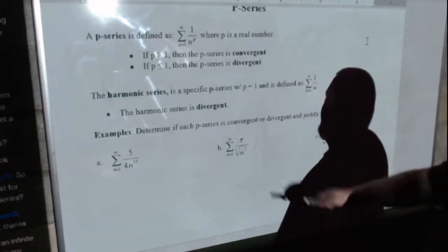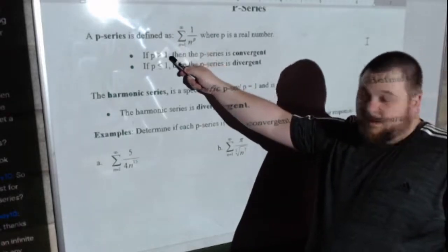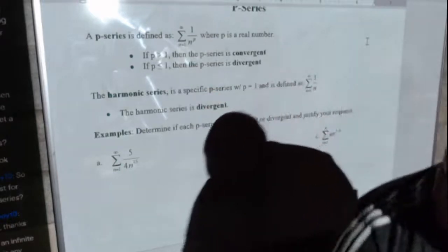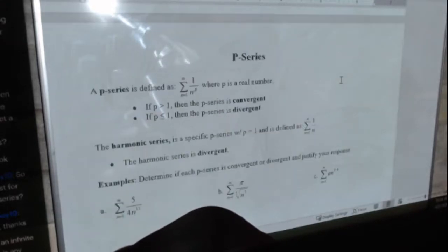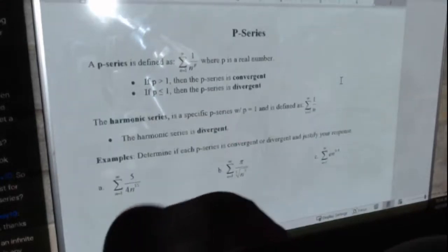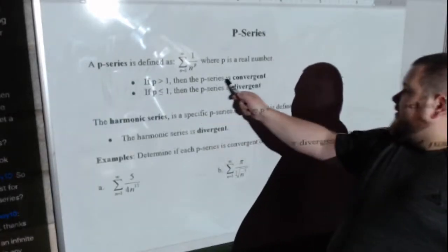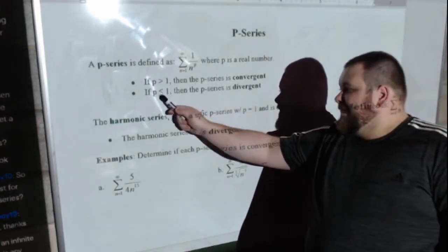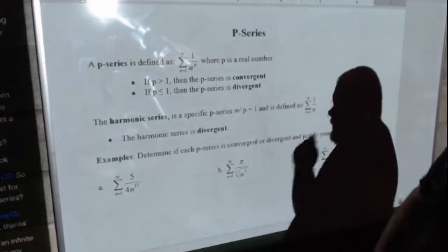If that power P is greater than 1, let me just move the thing here so you can see it better. If P is greater than 1, then the P series converges. If P is less than or equal to 1, the series is divergent.